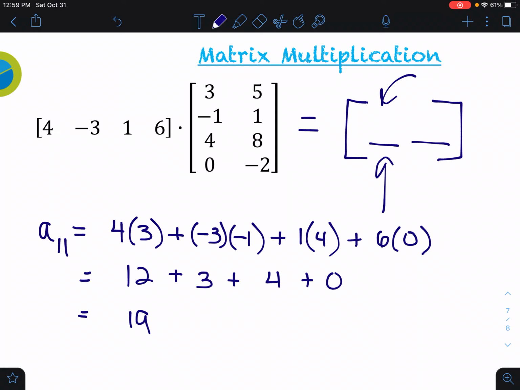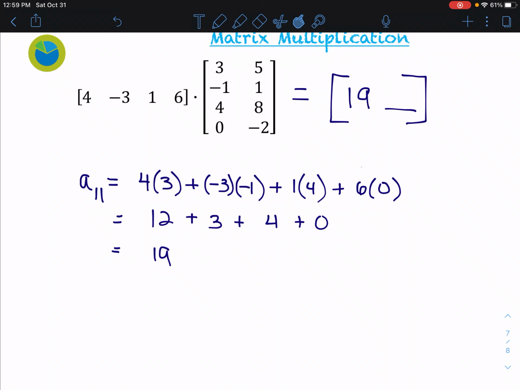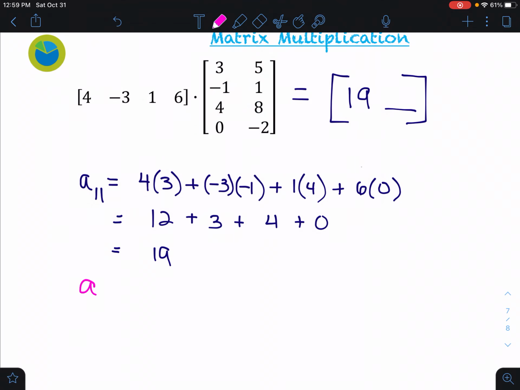I'm going to erase this. So in this first spot, I'm going to put 19. Okay, so now I've got one more entry to figure out, and the next one is going to be row 1, column 2, so A sub 12.